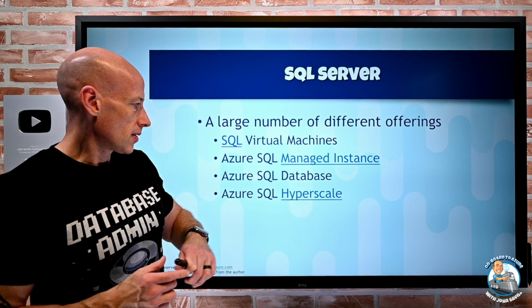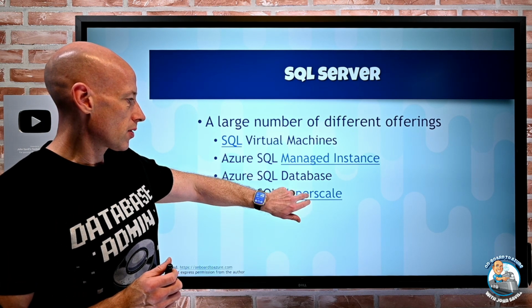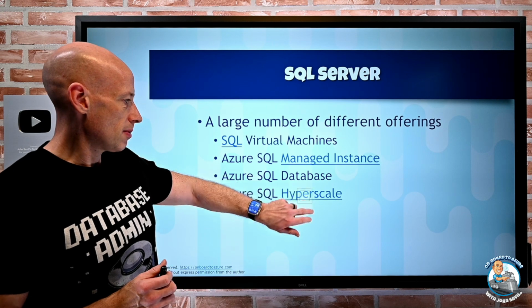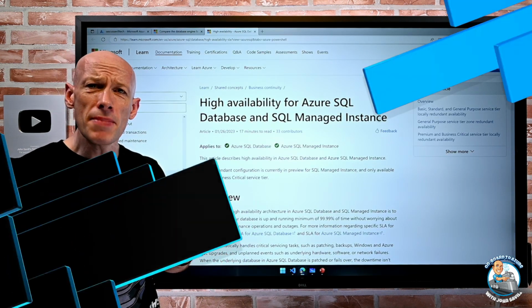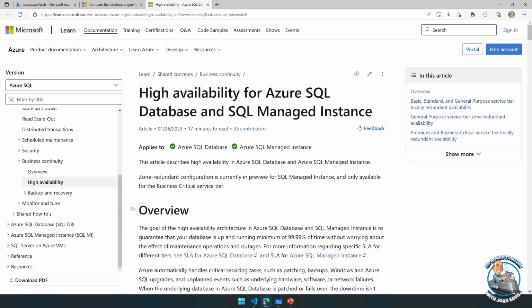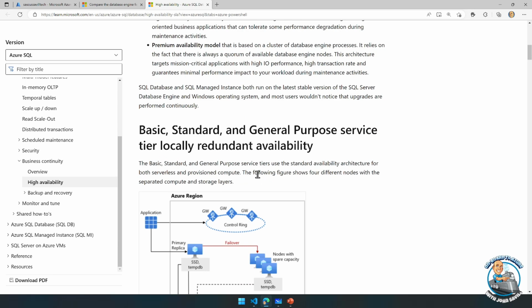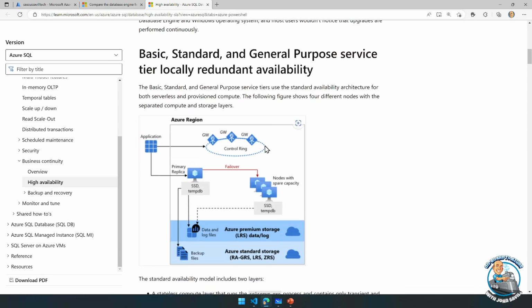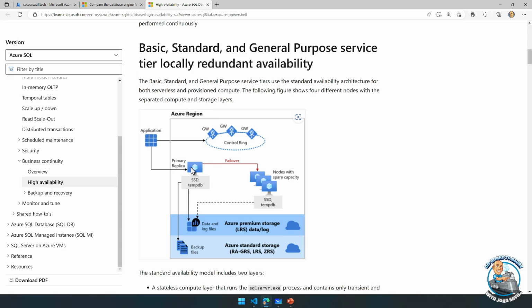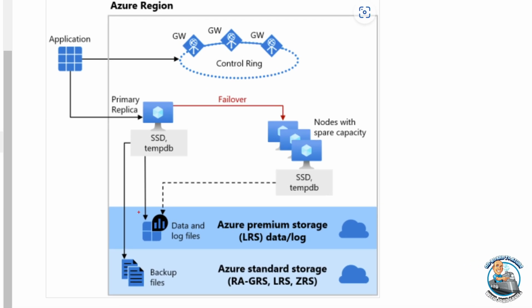Hyperscale. I mentioned that already, but if we go and look, if it lets me. This shows the models. For the general purpose, the basic, the standard, we have the idea it's a primary, but the disk is going to some separate storage.